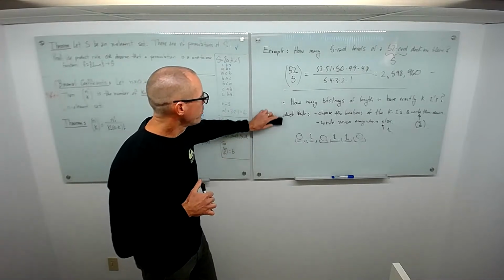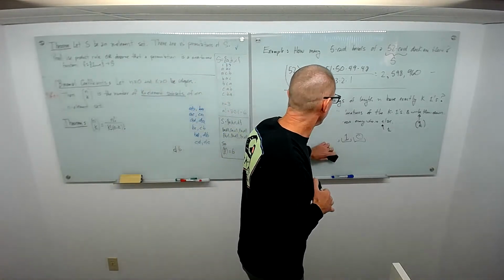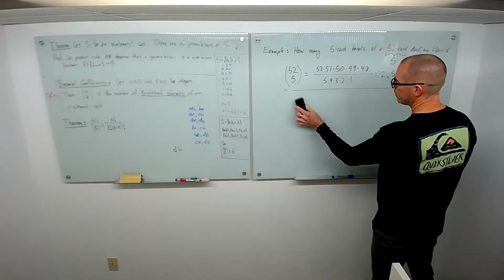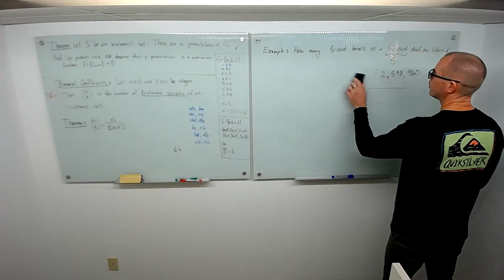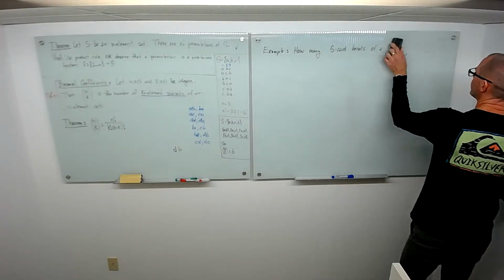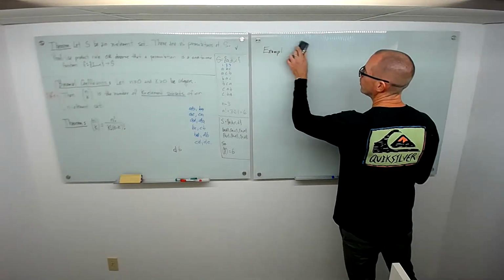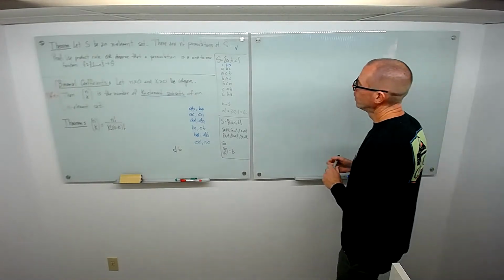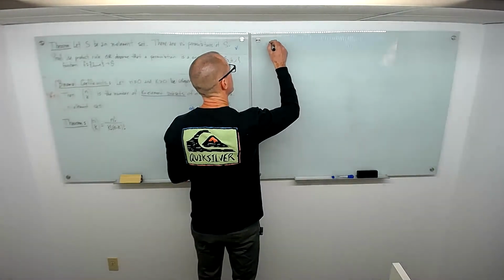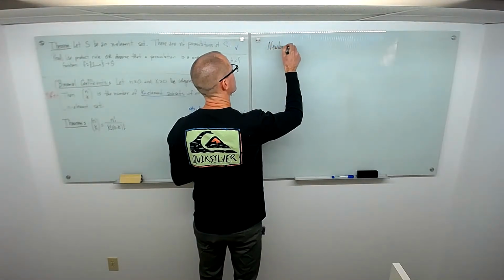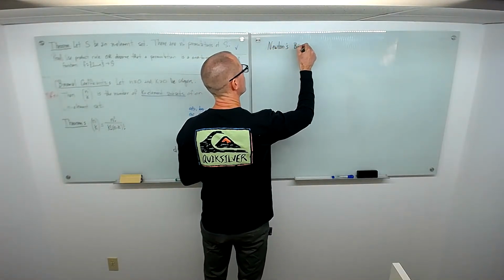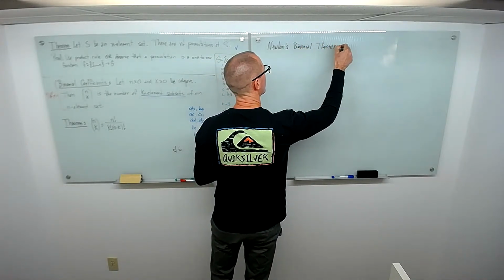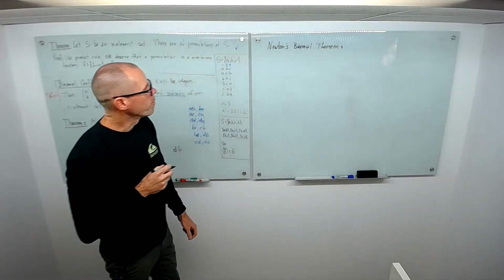So now we're going to see something kind of cool. And this is what the textbook calls Newton's binomial theorem. Okay.